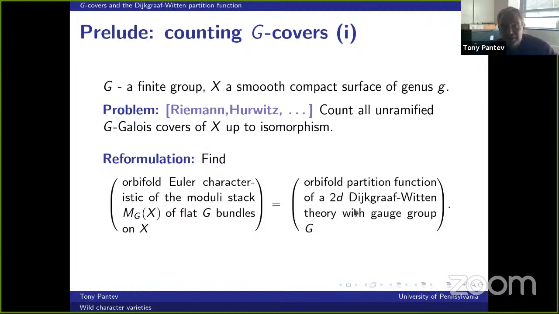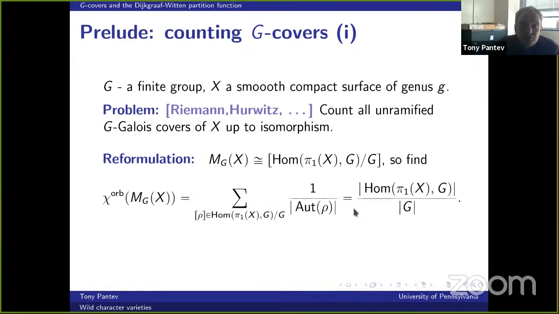And it is really the same as this question of Riemann, because this stack is really the stack quotient of the finite set of homomorphisms from the fundamental group of X to G by the conjugation action of G. And so if you want to compute the orbifold Euler characteristic of that, which is a rational number, well, you take the orbits for that action, sum over orbits.